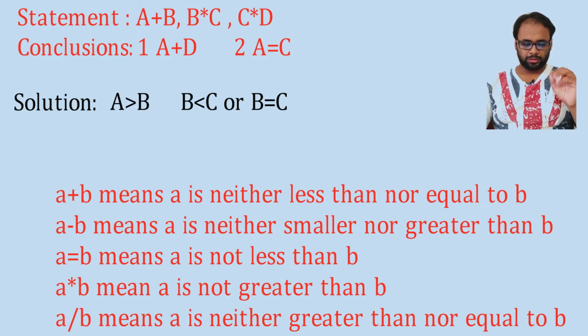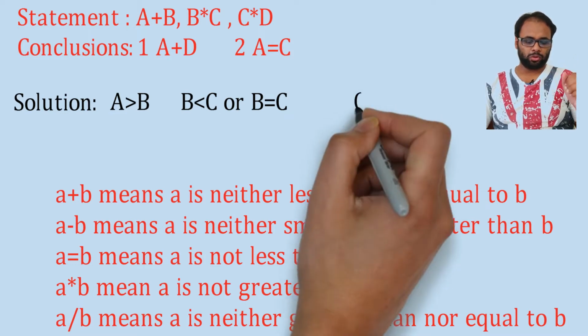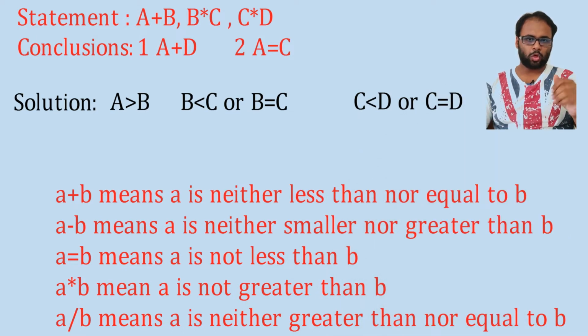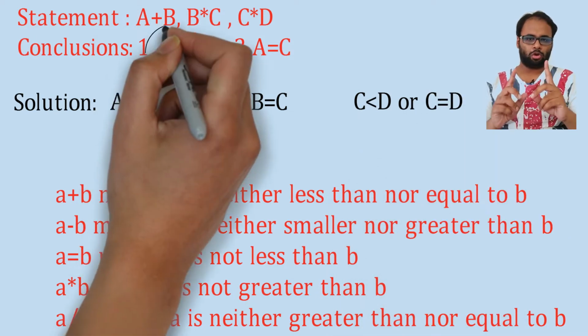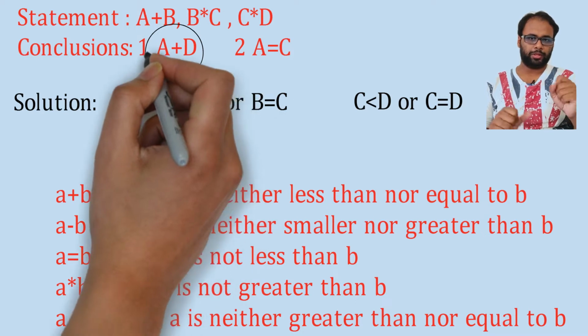Next we have C into D. Similarly for it also, C is either smaller than D or C is equal to D. C is definitely not greater than D as given in the symbolic notations.